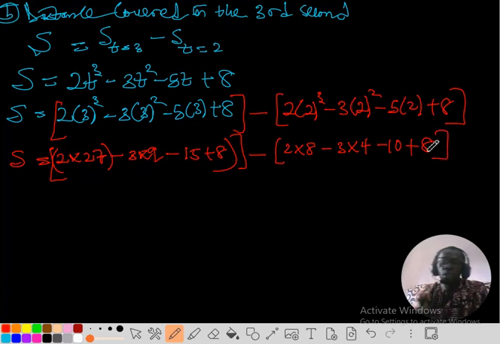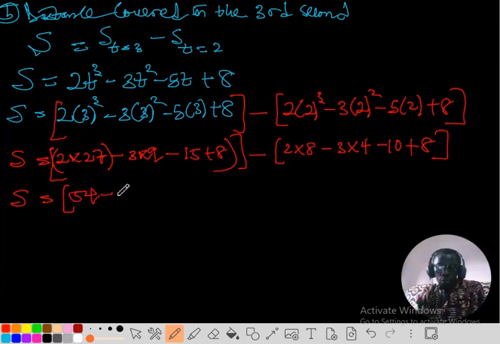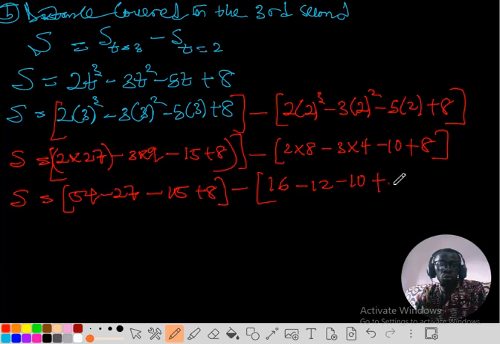So simplify that. 2 times 27 will give you 54. Now the distance at 3 seconds will be 54 minus 3 times 9, which is 27, minus 15 plus 8, then minus 2 times 8, which is 16, minus 12 minus 10 plus 8.